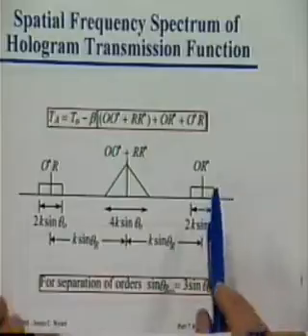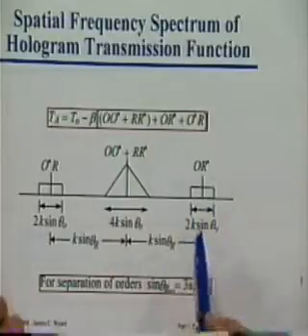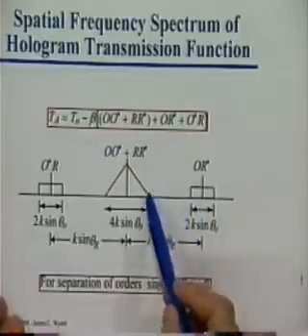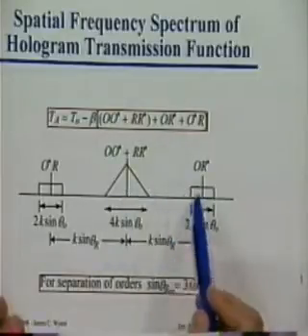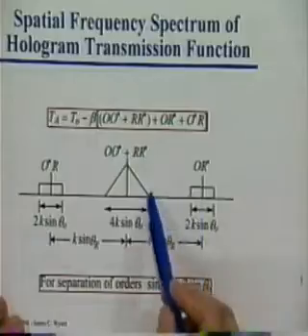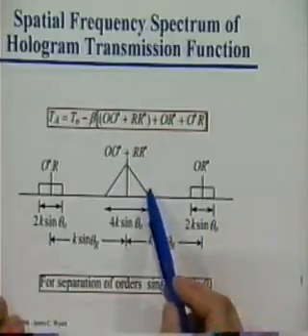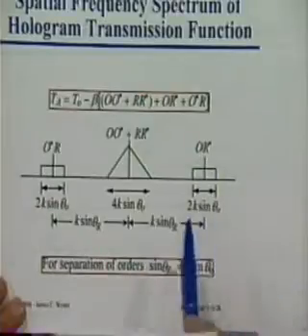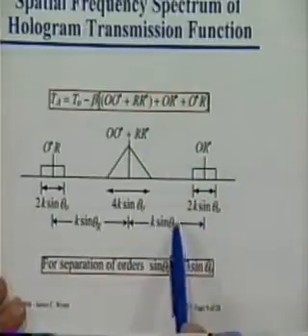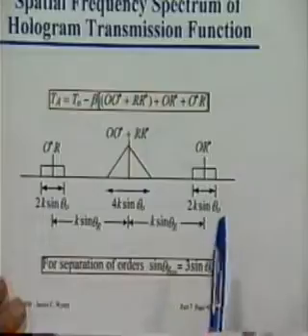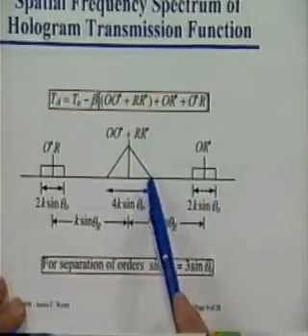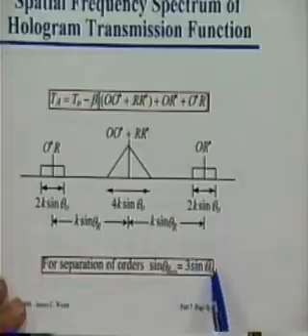Now to separate these in space, as this becomes smaller, you want that to not quite touch right here. And so for separation of the orders, sine of the angle of the reference beam has to be equal to 3 times the sine of theta naught.